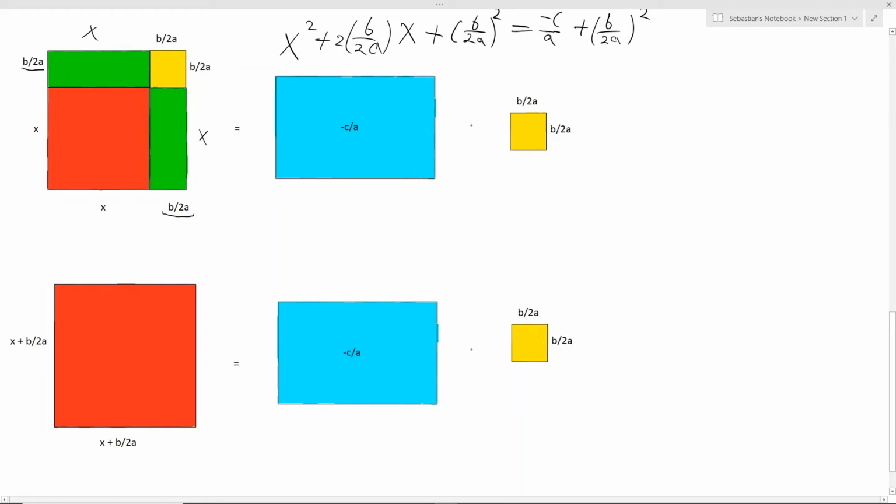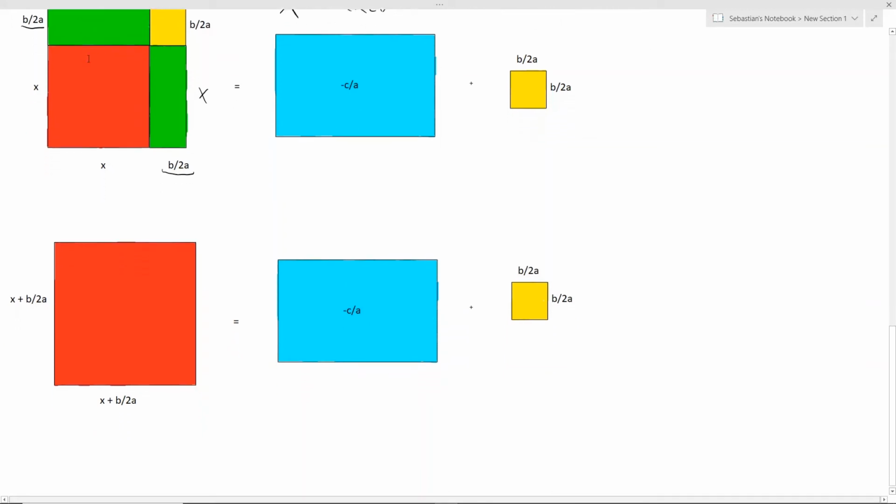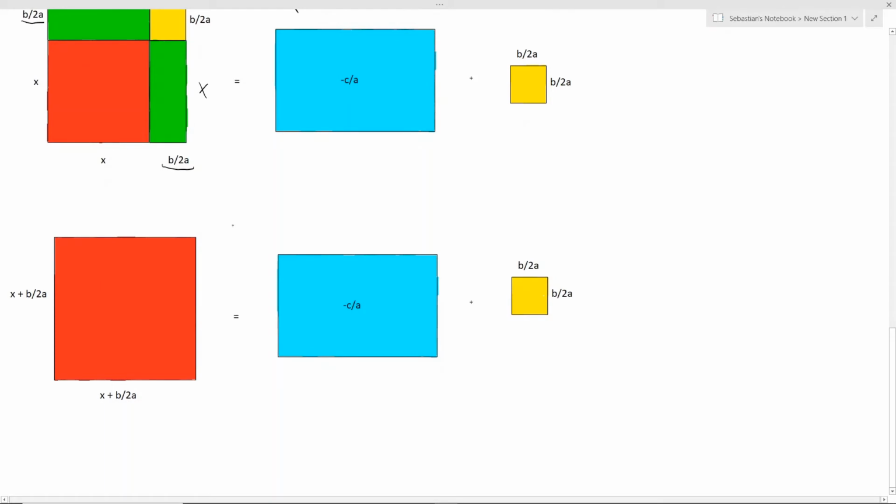So we can simplify the expression for the area of the combination of rectangles into a single term that looks like x plus b over 2a, since that's the length of each side, squared, so we get the area, and that once again is equal to minus c over a plus b over 2a squared.